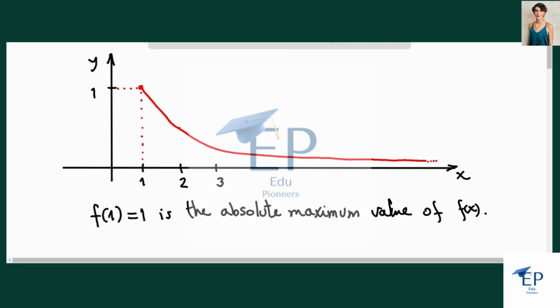That is because we have considered the function only for x greater than or equal to 1. And the absolute maximum value is 1, and is attained, in fact, at x equal 1.